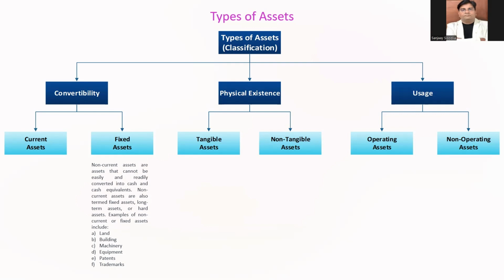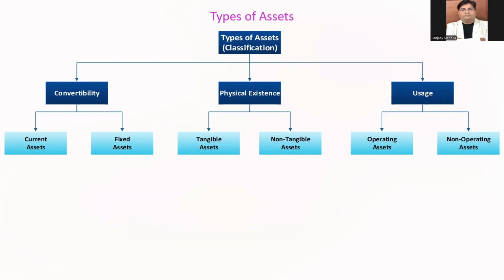For example, if you have a piece of land and you want to go and sell it out, then it will take a considerable amount of time before you can actually sell out that piece of land. So the primary two features of fixed assets are: number one, it is used for more than 1 year period. Second, these assets cannot be easily converted to cash.